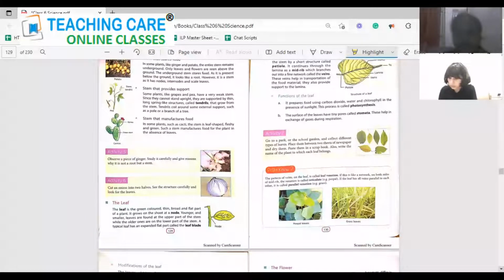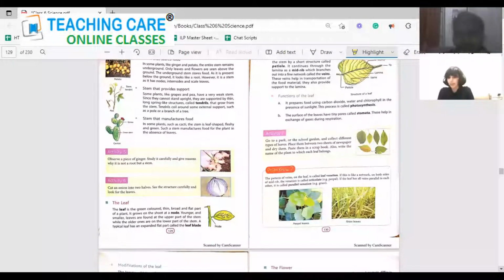They grow from the shoot at a point called the node. Younger and smaller leaves are found in the upper parts of the plant, whereas the oldest ones are located downwards. As the plant grows up, the new leaves are located in the upper part of the plant.